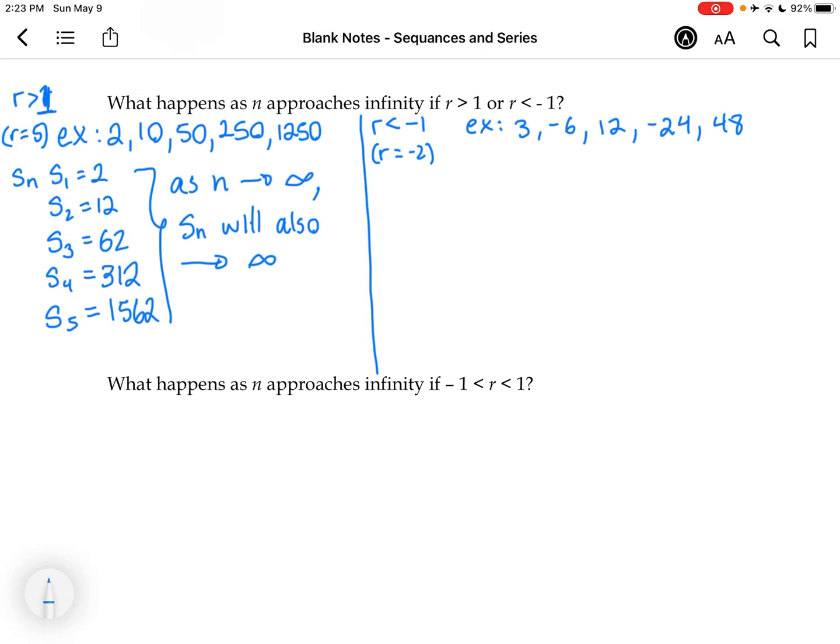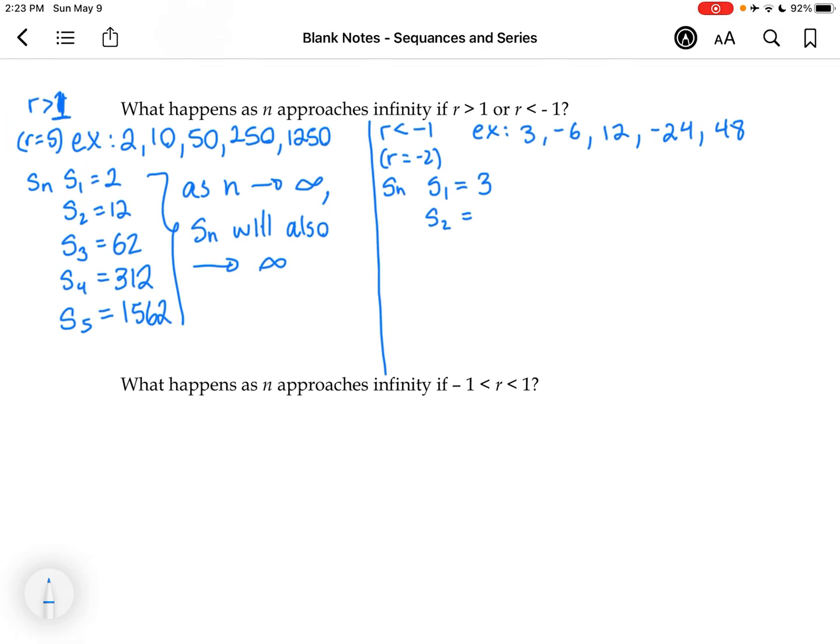For Sn, S1 equals 3. S2 equals 3 plus negative 6, which is negative 3. S3 equals negative 3 plus 12, which is 9.